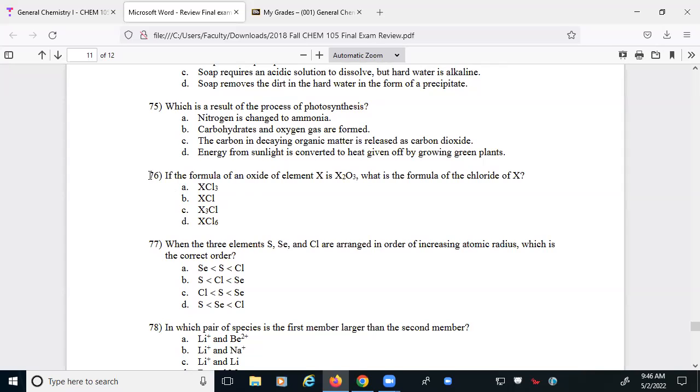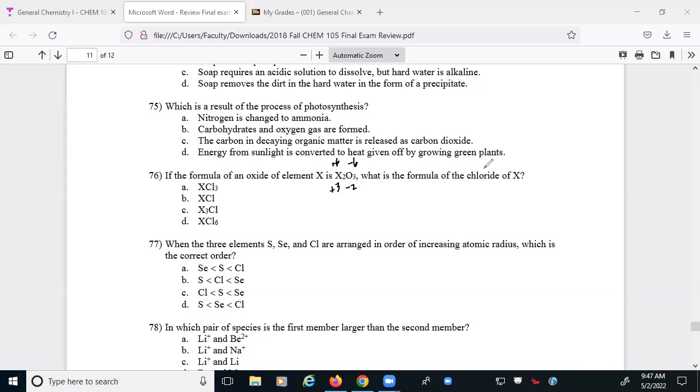Questions like number 76. The formula of an oxide X is X2O3. What is the formula of the chloride of X? Comes down again to knowing our definitions, using them. We know that oxygen is a -2 ion. So 3 -2s would give a total of -6. X, since there are 2 of them, has to be +3 to give a total of +6.